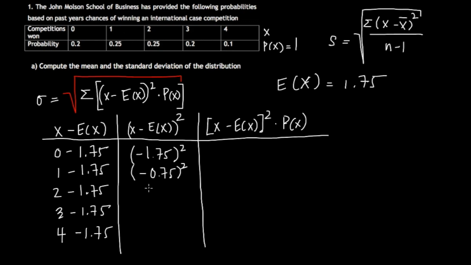And we're going to have 0.25 to the power of 2. And then 1.25 to the power of 2, and finally 2.25 to the power of 2, right?